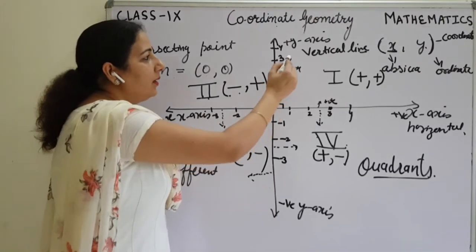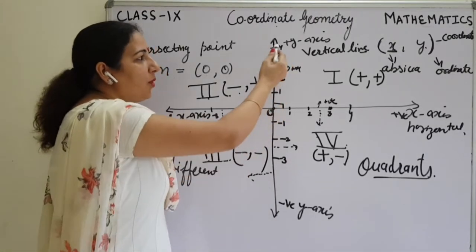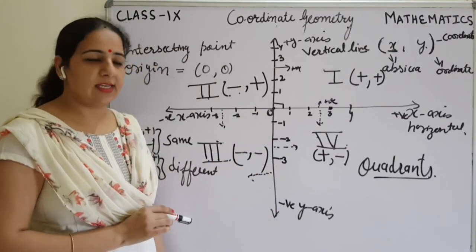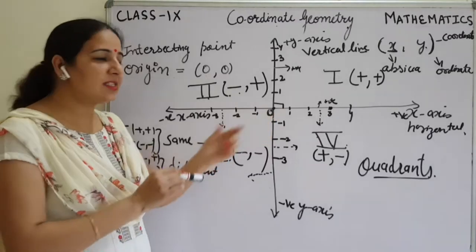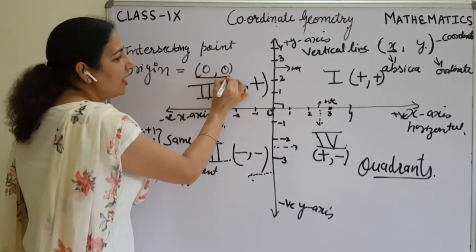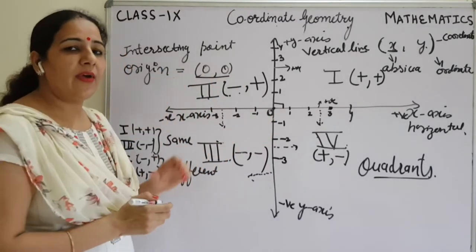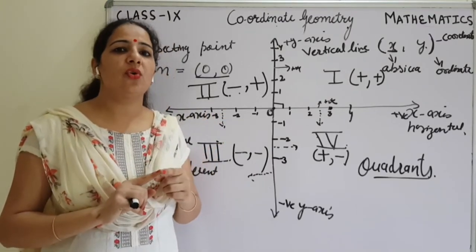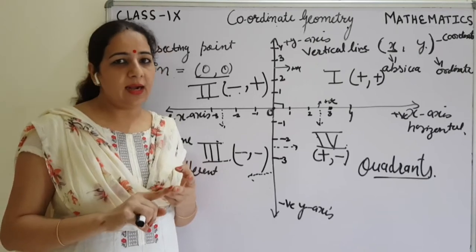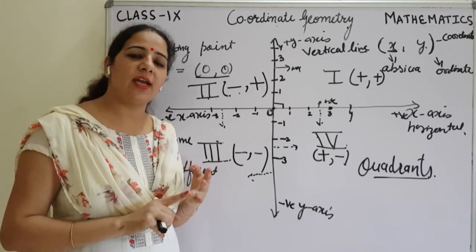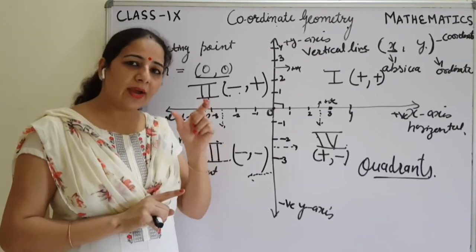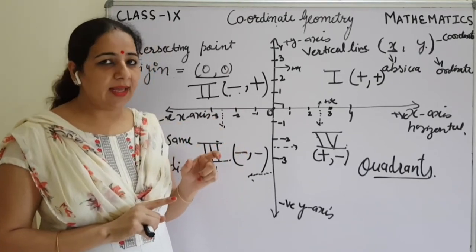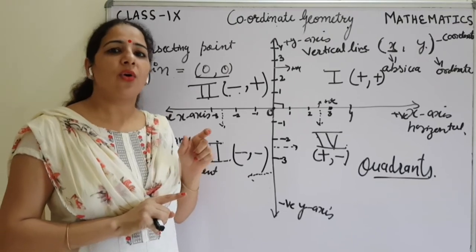The upper side is the positive y-axis, the lower side is the negative y-axis, and the point O is the origin and its coordinates are (0, 0). A single point on the x-axis is known as the abscissa, and a single point on the y-axis is known as the ordinate, and together both are known as the coordinate.